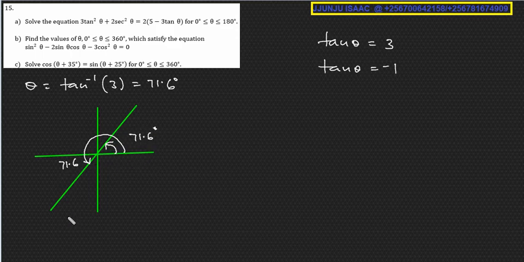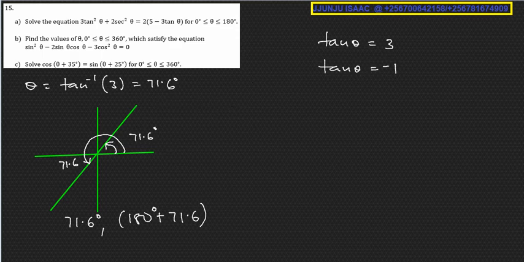The second angle will be 180, because we need to add this angle to this 180, so 180 plus 71.6 degrees. The other angles will be out of the range because we need to move 360, then we add this, and 360 we add this, so we stop on these two for this one here.